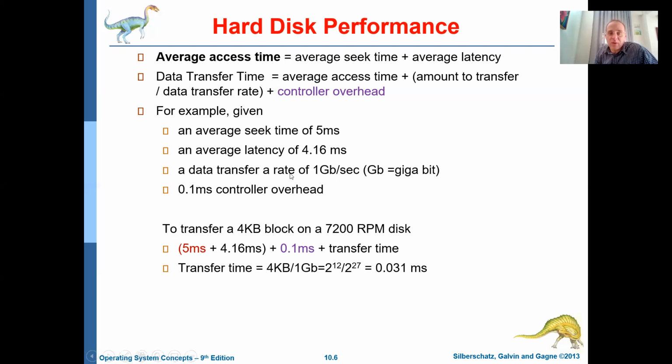So I know the average access time. I don't care how fast the disk goes. And I'm also given this transfer rate. So this is extra information. Don't let it confuse you. So to transfer a 4 kilobyte block on this disk, how long will it take? I think I'm confused.